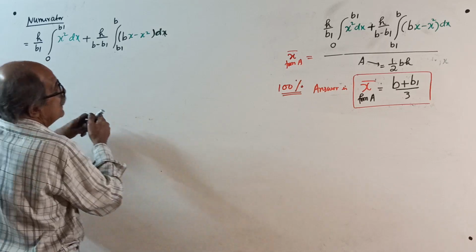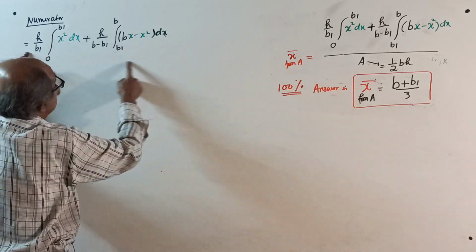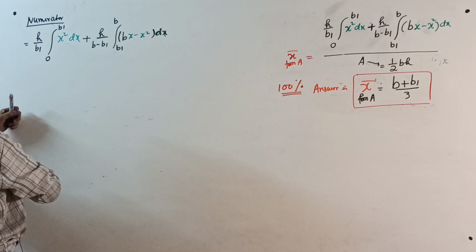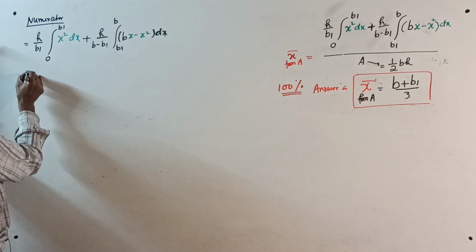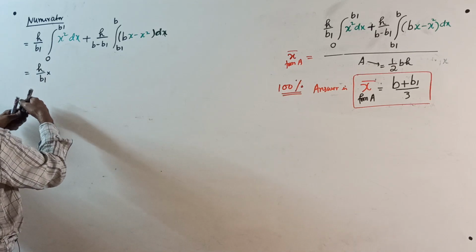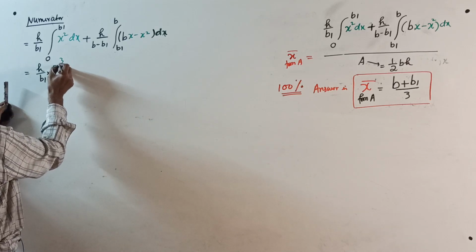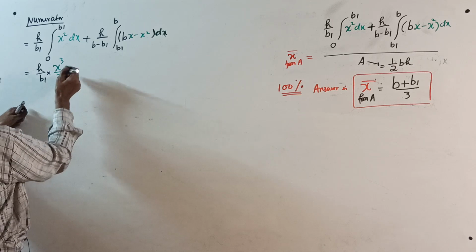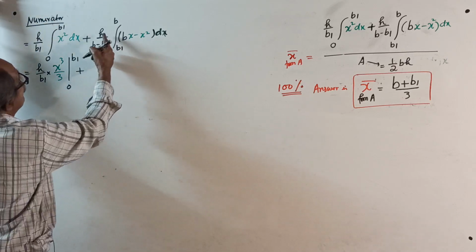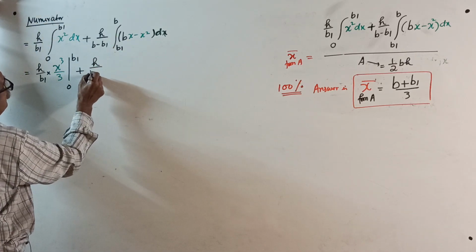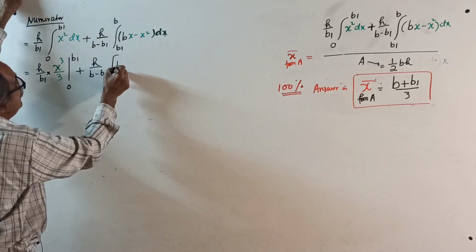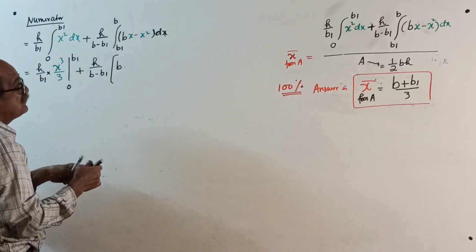Okay, I will do it now. Okay, start. That's why I wrote the numerator here. That much I wrote in front of you; the remaining I will do in front of you only. Okay, numerator I am doing equal to h by b1 into x square becomes x cube by 3, 0 to b1, plus h by b minus b1 times bracket b into x becomes x square by 2.